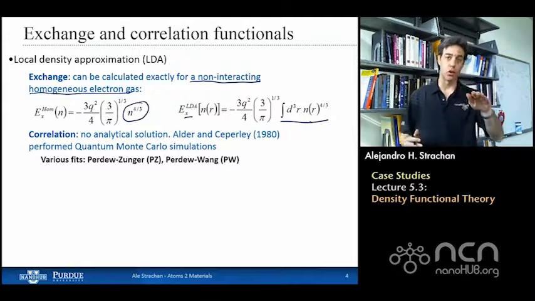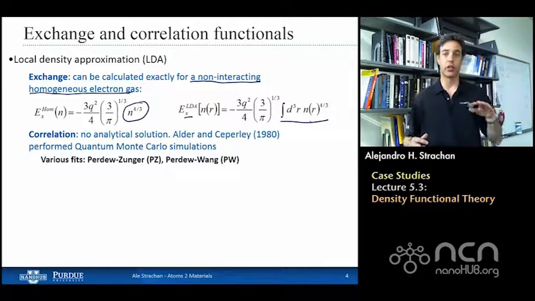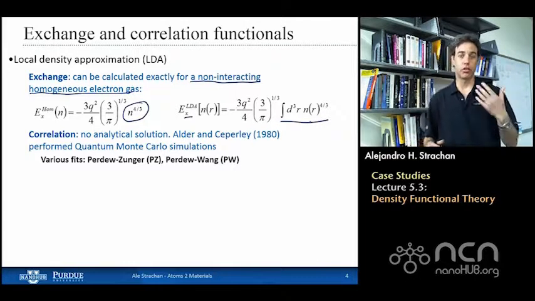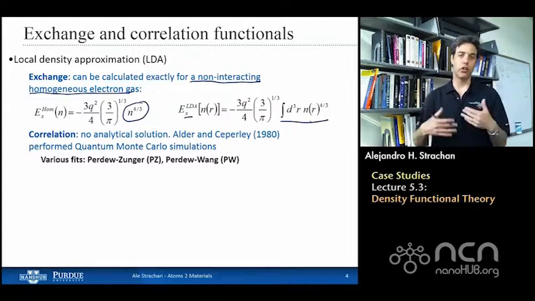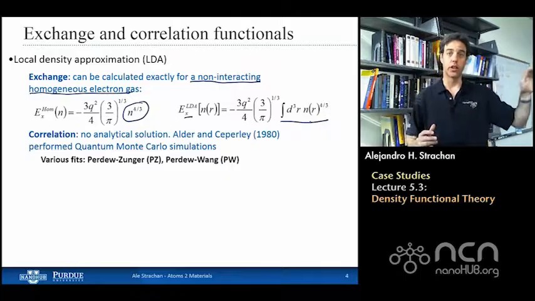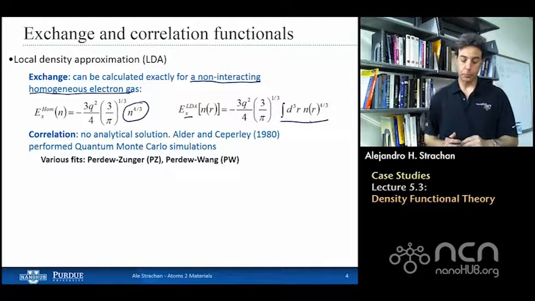Okay, so the solution works for the homogeneous gas with no gradients. So this ignores any sort of effect of gradients or variations in the density, and it should work okay as long as the density doesn't vary very abruptly in space.